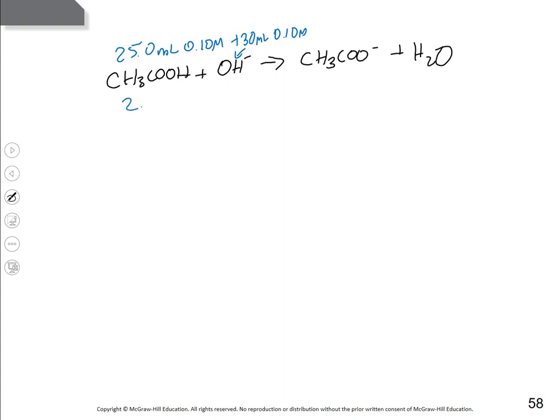So we started with 2.5 millimoles of the acetic acid. And in this case, how many millimoles will we have of the hydroxide? 3.0. Now, which one's the limiting reactant? The acid goes down to 0, which means it decreases by 2.5 millimoles.